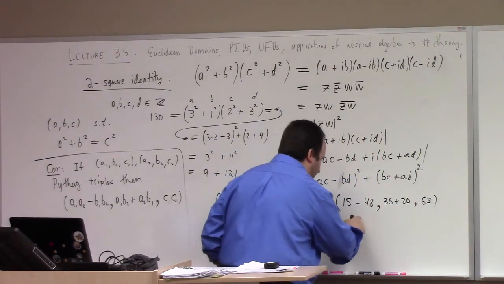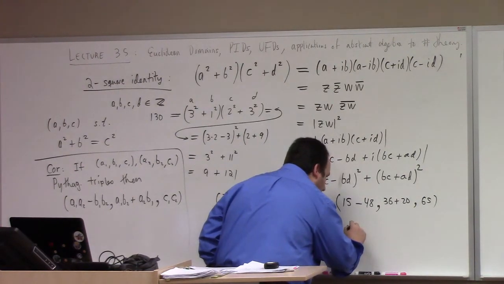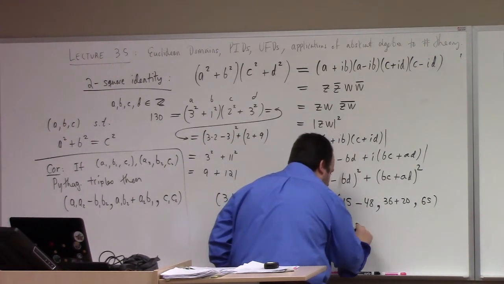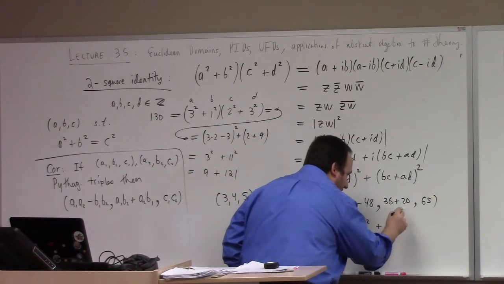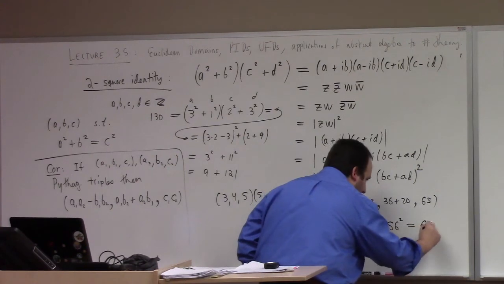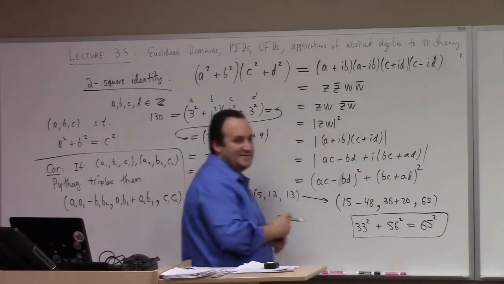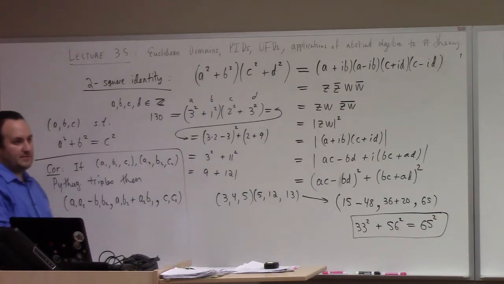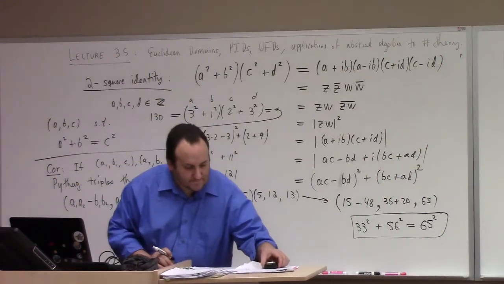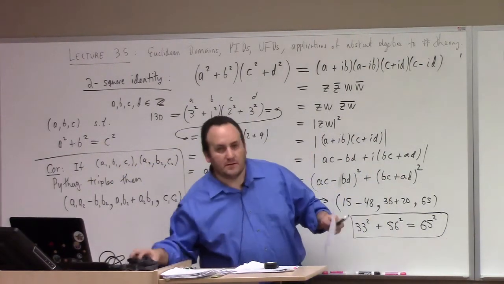What's 40? So what's this? This is minus. Yeah, exactly. So we can say 33 squared plus, what we got here? 56 squared is equal to 65 squared. I mean, obviously, everybody knows that, right? So this is kind of exciting, really, if you start playing with these things. Now that's kind of interesting, right?